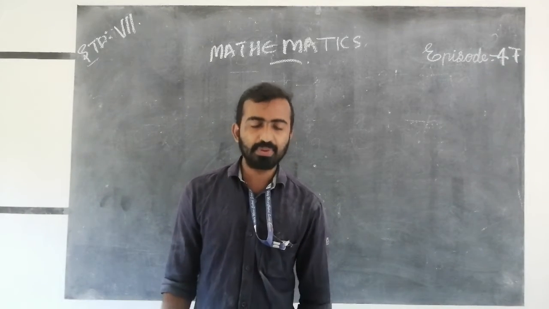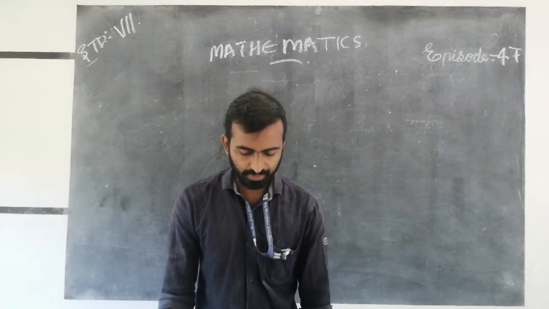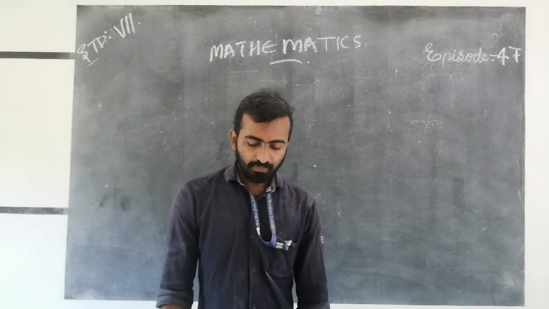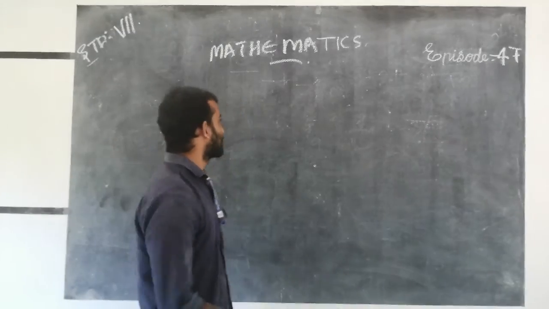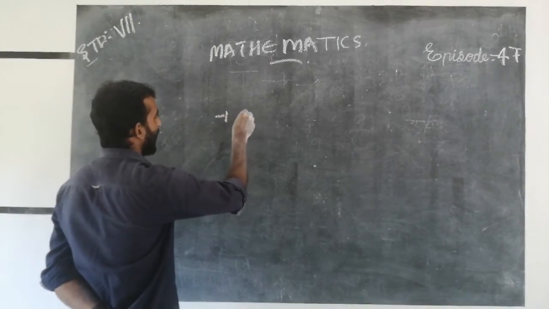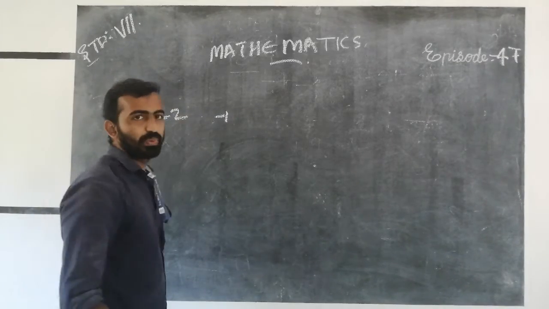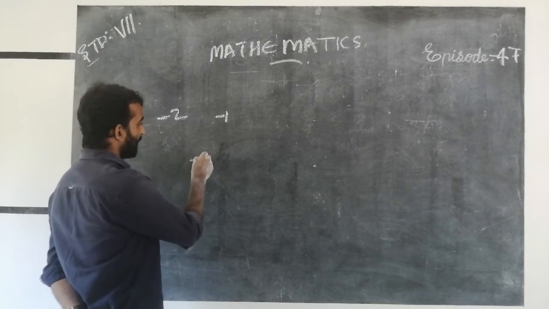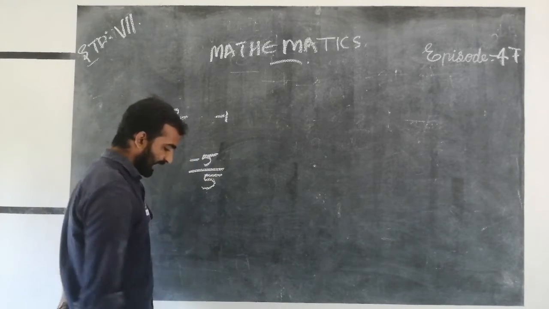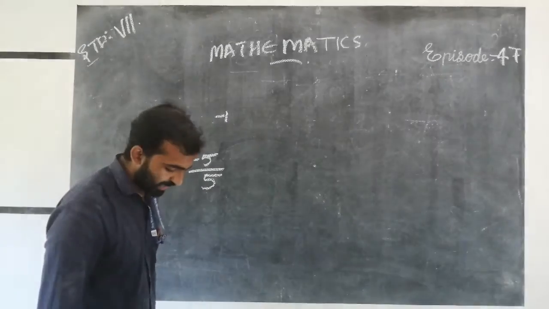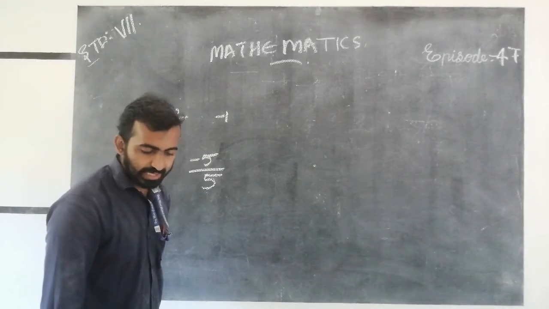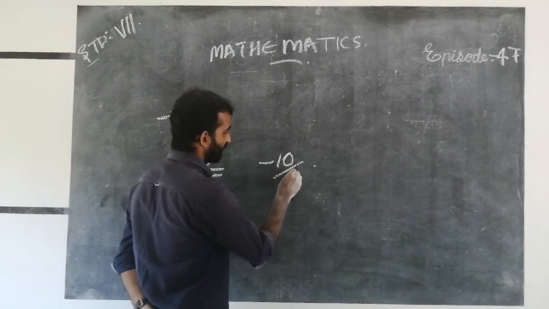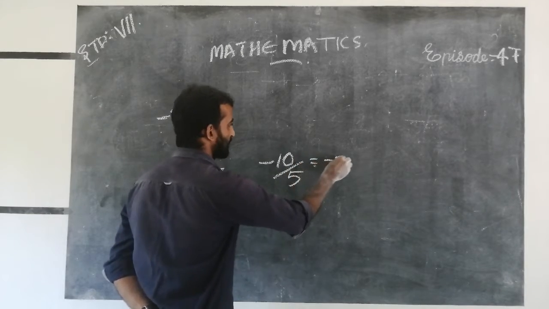List three rational numbers between negative 2 and negative 1. How do we find them? Here negative 1 means negative 5 by 5, and negative 10 by 5 equals negative 2.